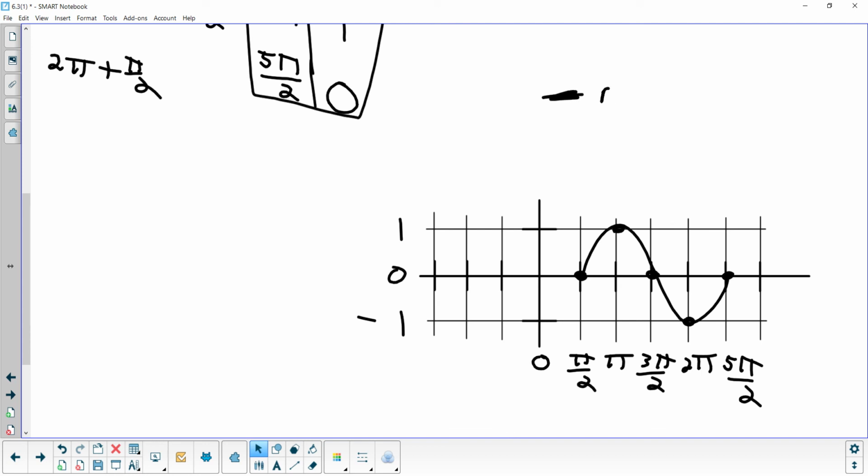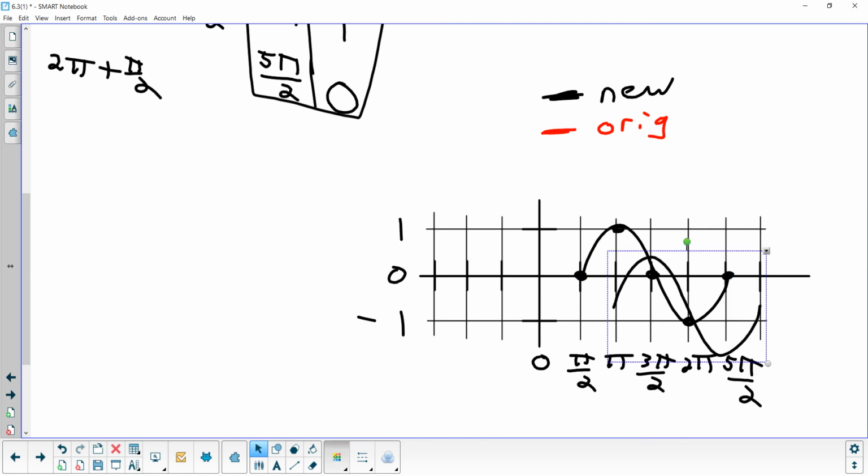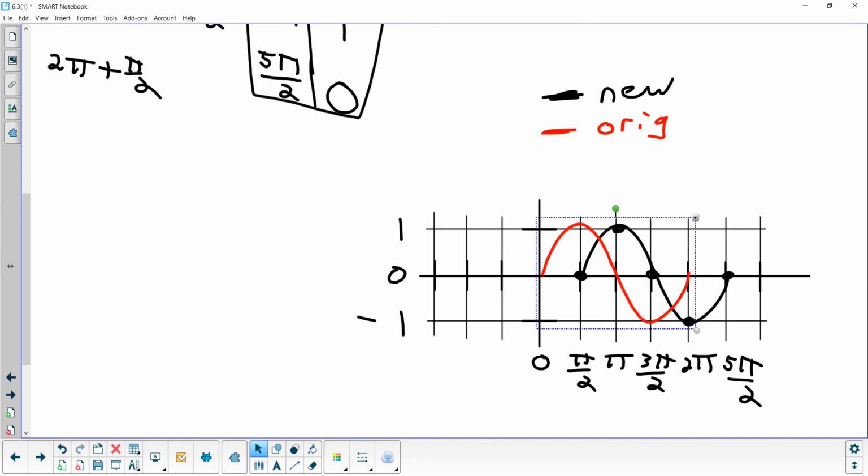And that is the new graph. And remember, that one was pushed to the right. The original would have been like this. Right, like that. So the original would have started at the origin, and we've shifted it 90 degrees to the right.